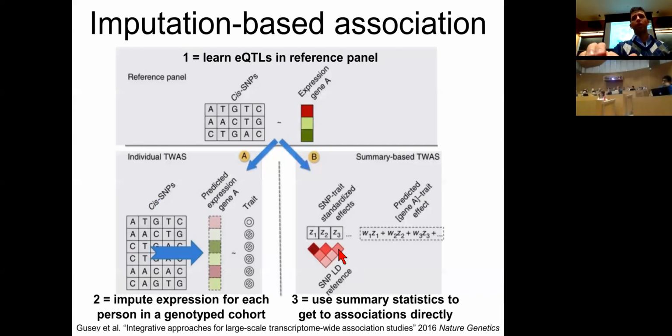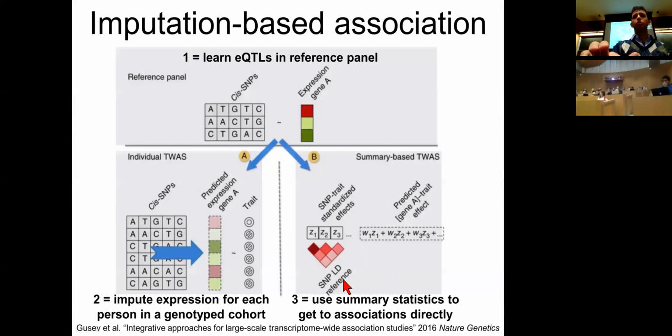So another way to do that is to ask, what is the linear correlation between every location and expression? And then what is the linear correlation between all of the genotypes in aggregate in my cohort and expression?